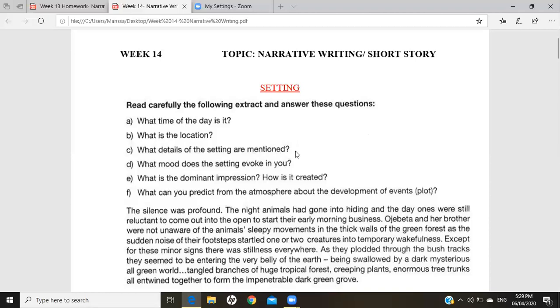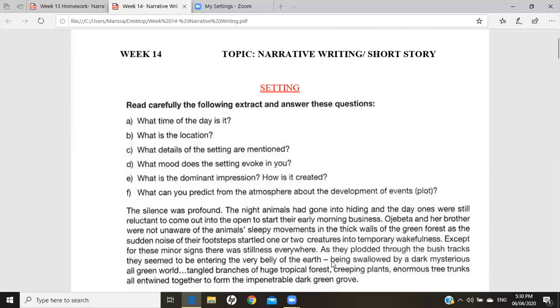So, how do you think the atmosphere is? It was quiet, kind of creepy. Yeah, although it was still, we get an idea that Ojibet and her brother were still feeling a bit scared because even in the fourth line, the sudden noise of their footsteps startled one or two of the creatures into temporary wakefulness, and they were unaware of the animals sleeping, there was stillness everywhere.